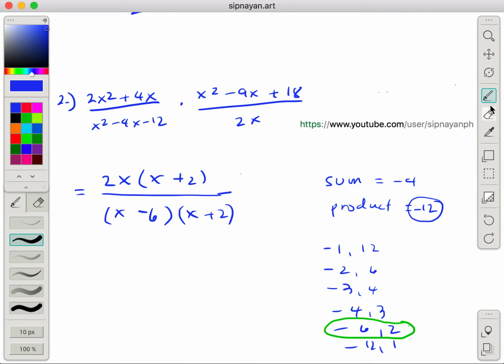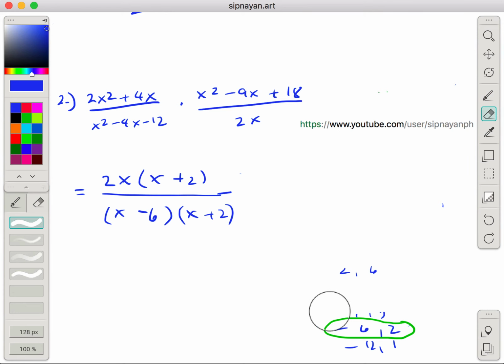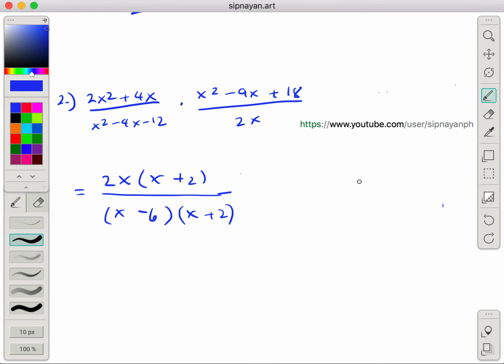Next, we have another trinomial. We have x squared minus 9x plus 18. Paano natin yun i-factor? So meaning the sum is negative 9 and the product is 18.